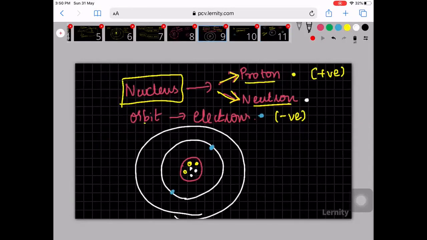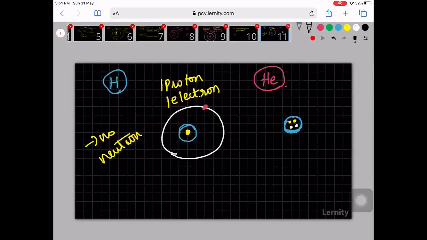Similarly, hydrogen has a nucleus in the center with one proton and no neutrons. If you take helium, at the center of the nucleus I have two protons and two neutrons. And in the first orbit, I have two electrons.